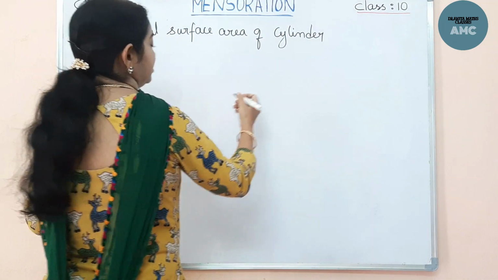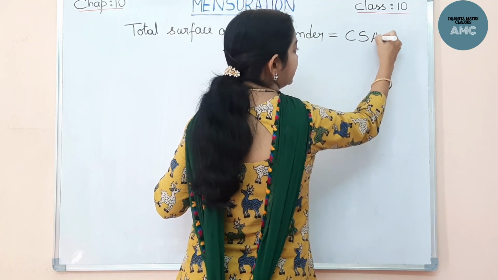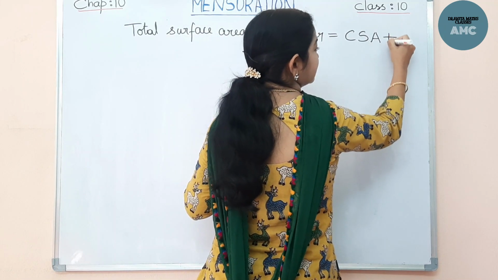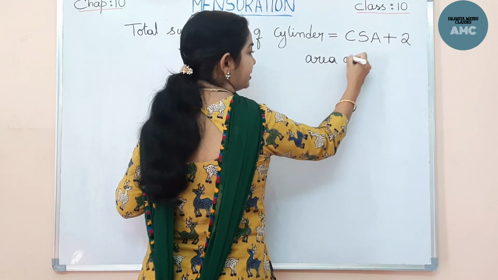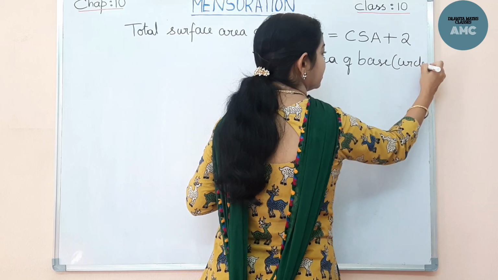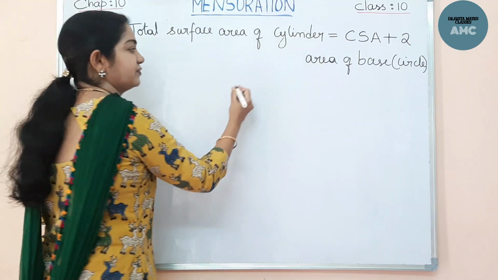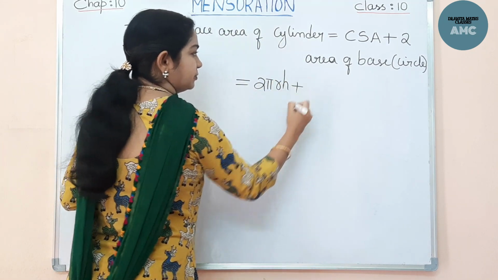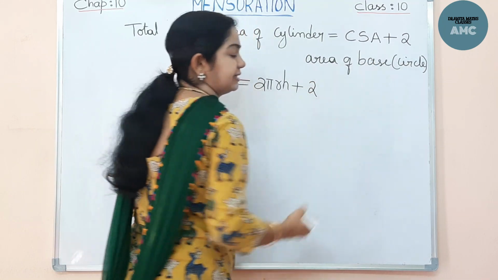Now here. So what is it? It is curved surface area, I have written in short, curved surface area plus 2 area of base. Now here the base is circles, right? Now what we found out, the curved surface area as 2 pi r h, plus 2 into area of base. Base is the circle.